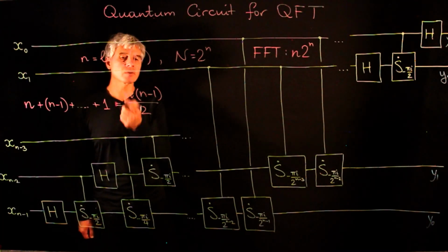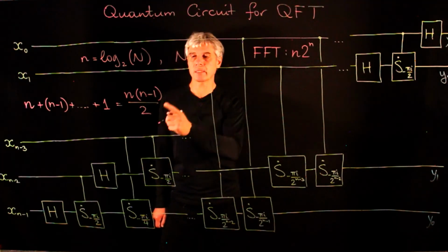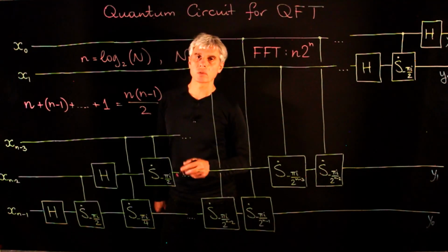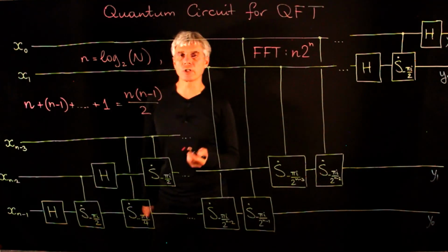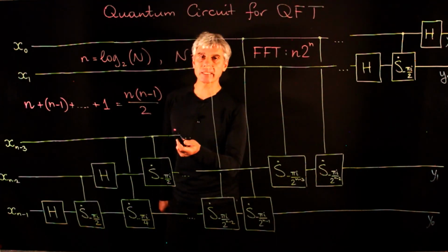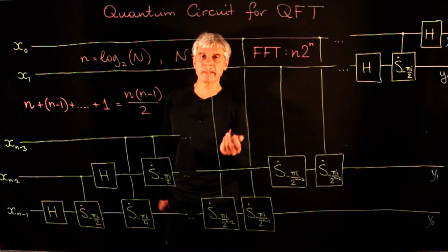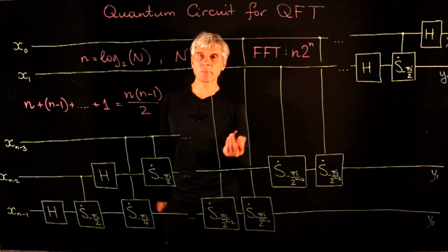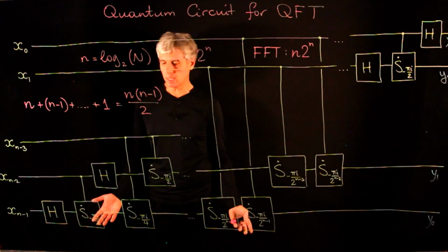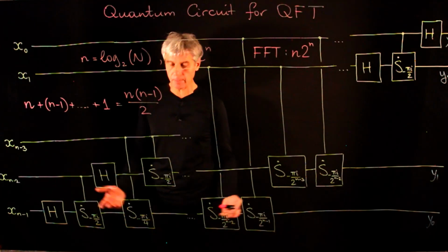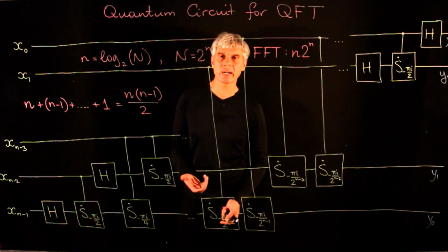And here we get quadratic in the number of bits, so this is incredibly better than that one. This explains why Shor's algorithm is so efficient. It has quadratic complexity in the number of bits, whereas all other known classical algorithms have exponential complexity in the number of bits. So what we have here is a quantum algorithm implementing the quantum Fourier transform with quadratic complexity.